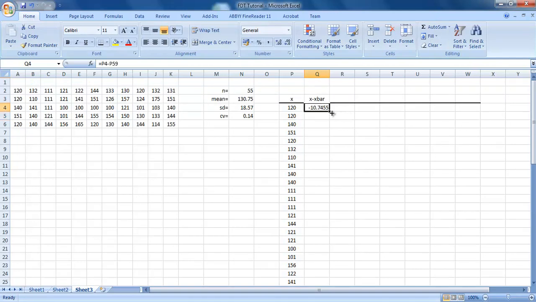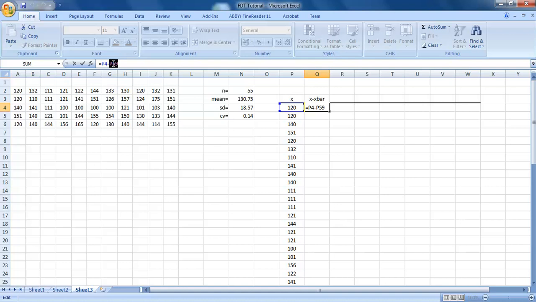Now I'm simply going to duplicate this formula. However, if I duplicate this formula now, the computer will automatically adjust P59, the location of our mean. The computer will make this P60. We do not want to do that because the mean is not going anywhere.